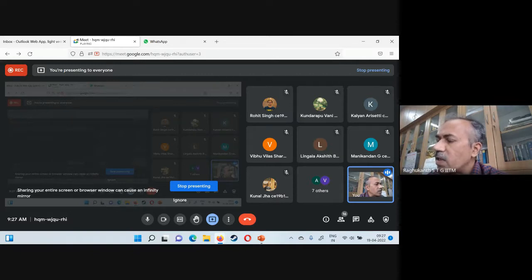Tell me, how many hinges are required? Rohit Singh, can you tell me? Manikandan, how many plastic hinges are required for a simply supported beam?